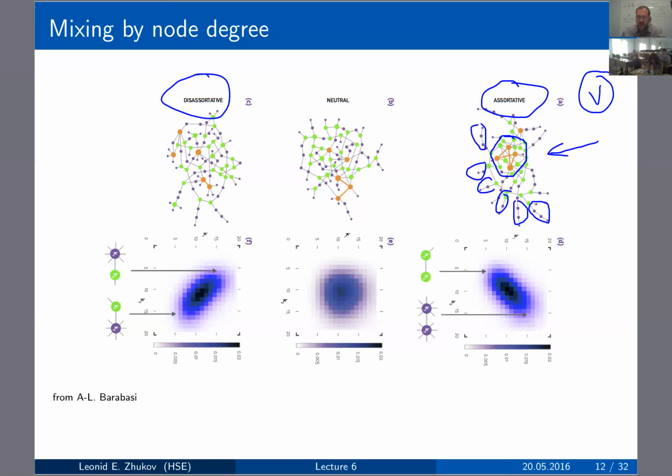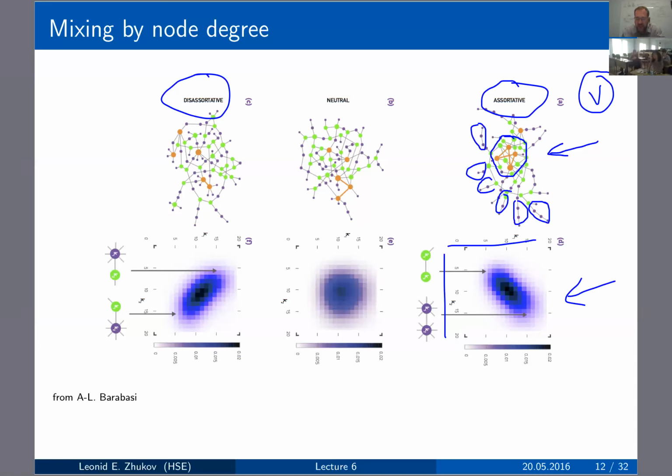So what we see here is the matrix that describes the types of connectivity we have. On the axes here, we have node degrees, the values of the node degrees, and the intensity of the color corresponds to how many connections there are between those types of node degrees.